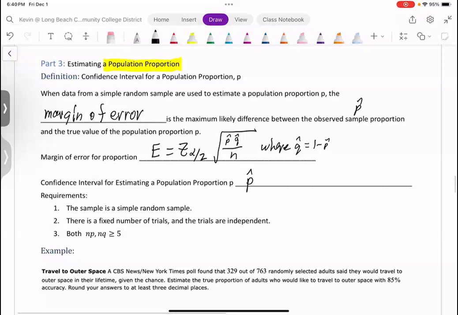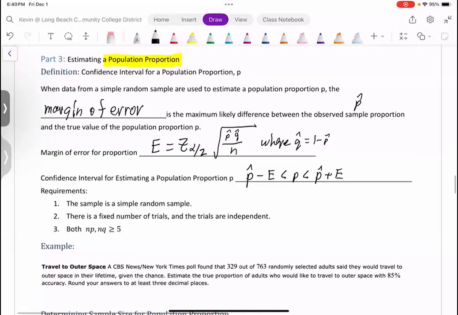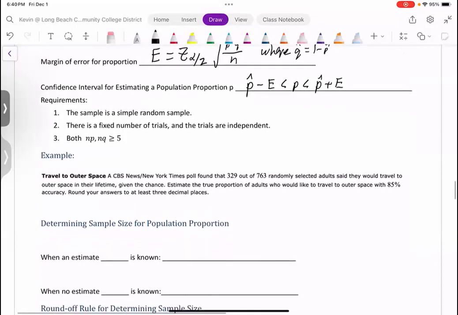P hat minus our margin of error, P hat plus our margin of error, where E is defined above. The requirements: the sample is a simple random sample. There is a fixed number of trials, and the trials are independent, and np and nq are bigger than or equal to 5. All of those will be met for our problems, no problem.